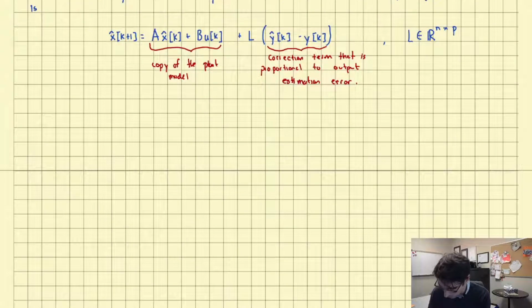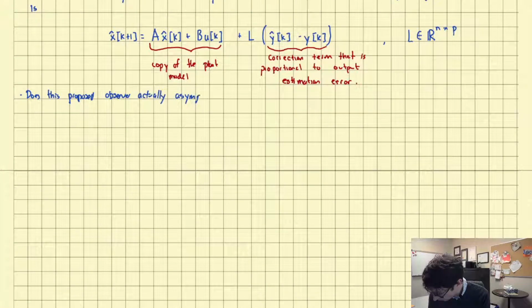So the question then becomes, does this proposed observer actually asymptotically estimate the plant's state?